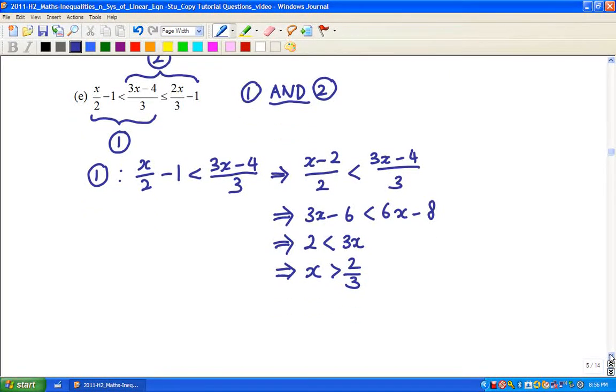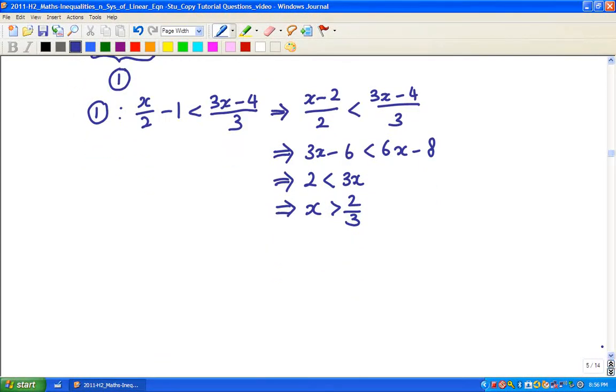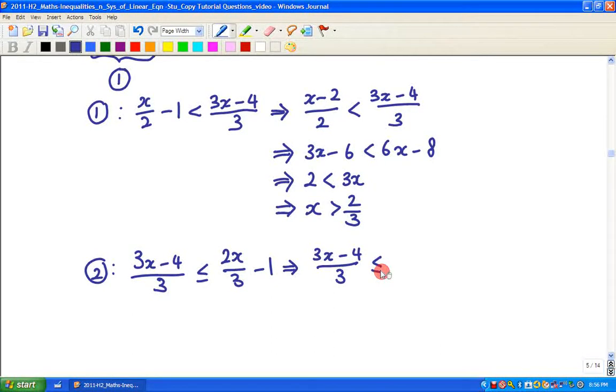Now we proceed on to solve the second inequality, inequality number 2. Solving this inequality will give us x to be less or equals to 1.